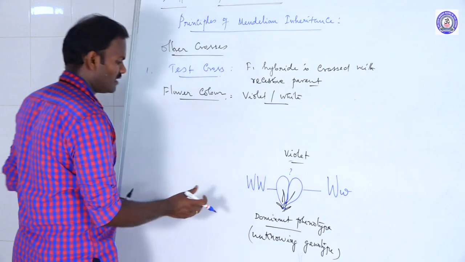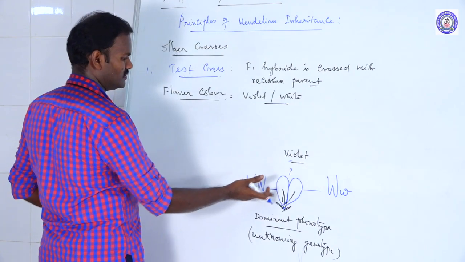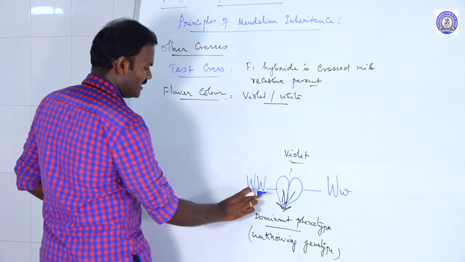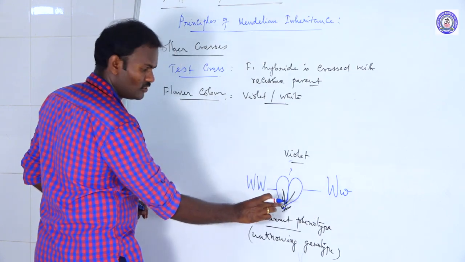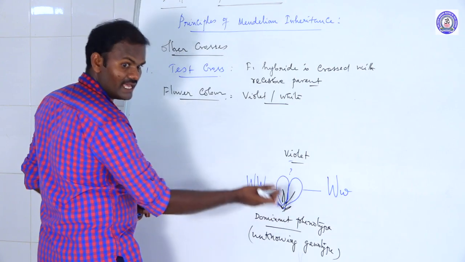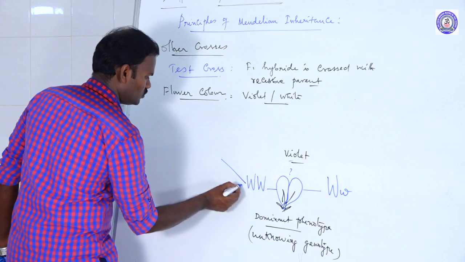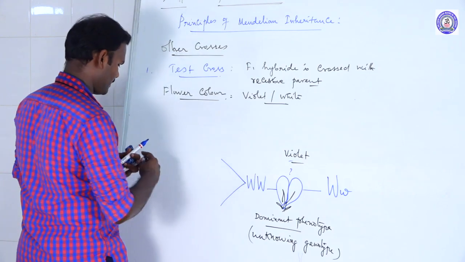But we can't predict the genotype of this dominant phenotype. That is why Mendel crossed the F2 of the dominant characters with the recessive parent.